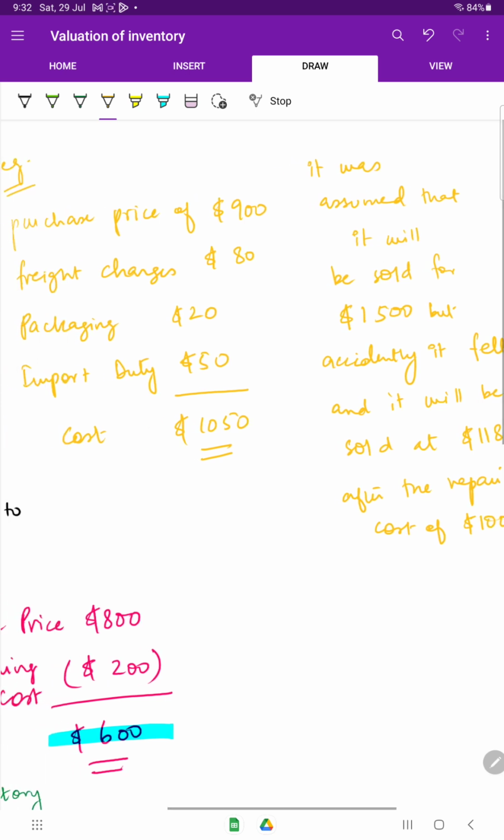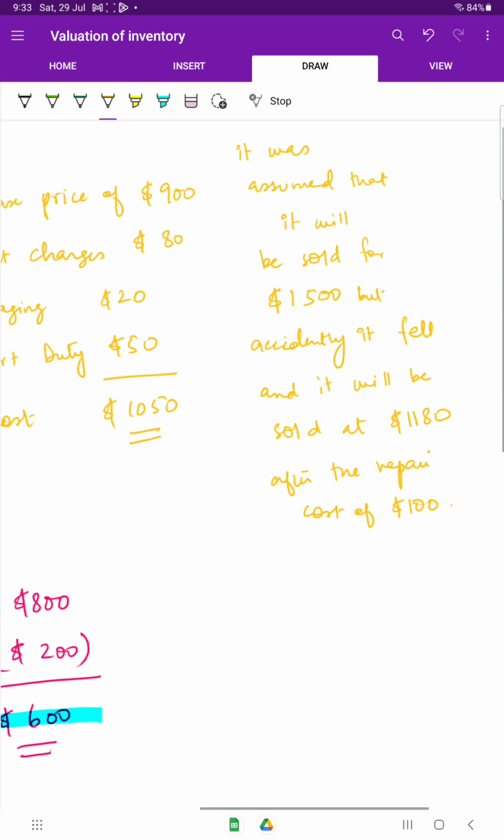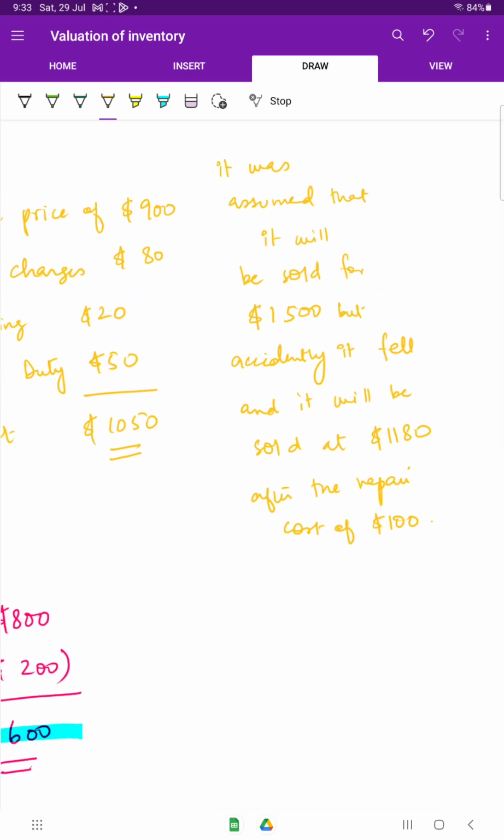You purchased an inventory for 900, you paid 80 as your freight charges, 20 for the packaging and 50 on the import duty. And you had this thing in mind that you will sell it for 1500, but accidentally you dropped your inventory, it's damaged. You paid $100 for its repair, and after the repair has done, you are able to sell it at 1180.